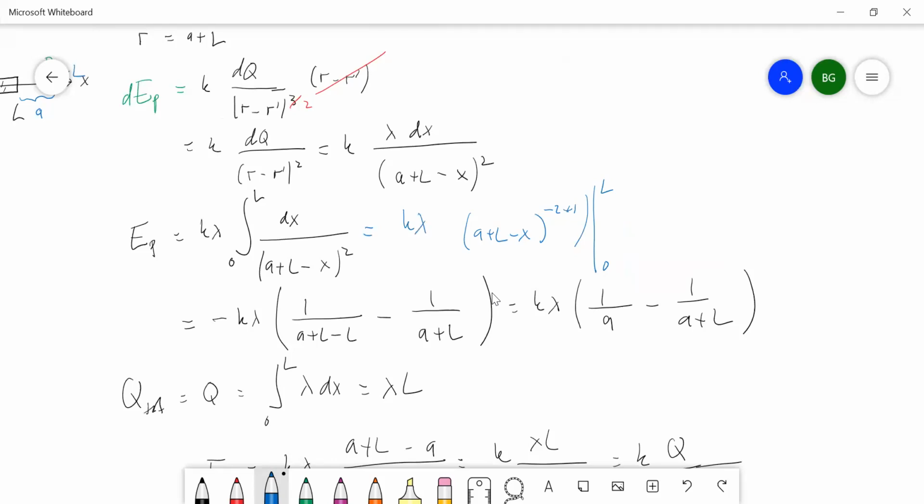This is equal to k lambda over minus 2 plus 1, times A plus capital L minus x to the power minus 2 plus 1.